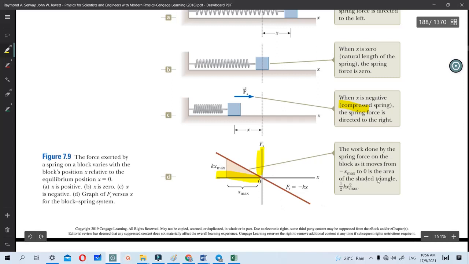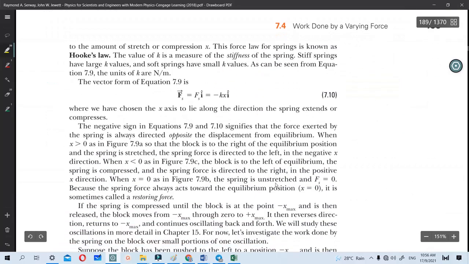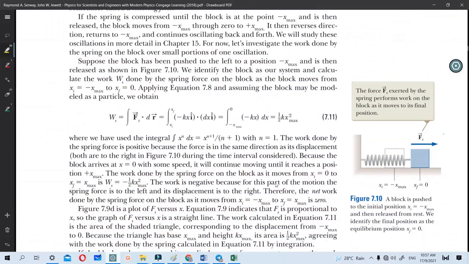Because of that concept, if we go by the integral of F with respect to the displacement, you end up with work being half kx squared. That is what we will use. The work for a spring is half kx squared.